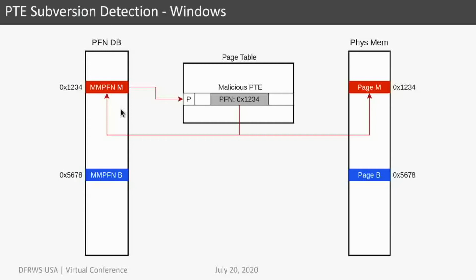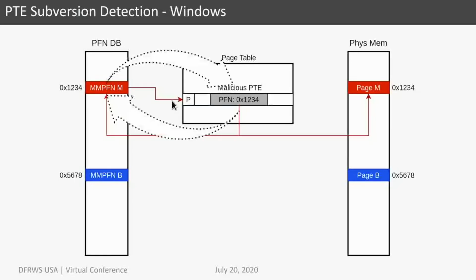This is more or less just an array of MMPFN structs, which are indexed by the PFN number. So the PFN here points on the one hand to the page frame, and to an MMPFN struct over here. Each MMPFN struct for a valid page also points back to the PTE that belongs to it. So we have here a kind of loop that points back and forth.